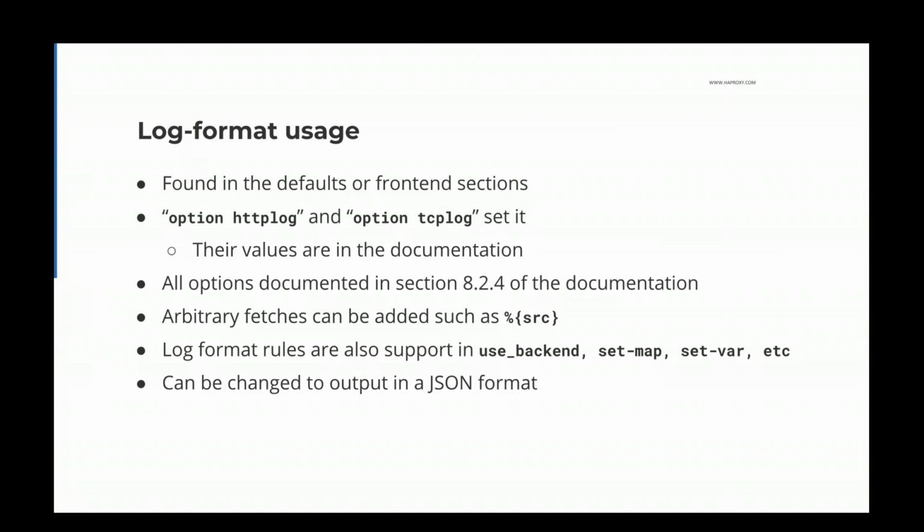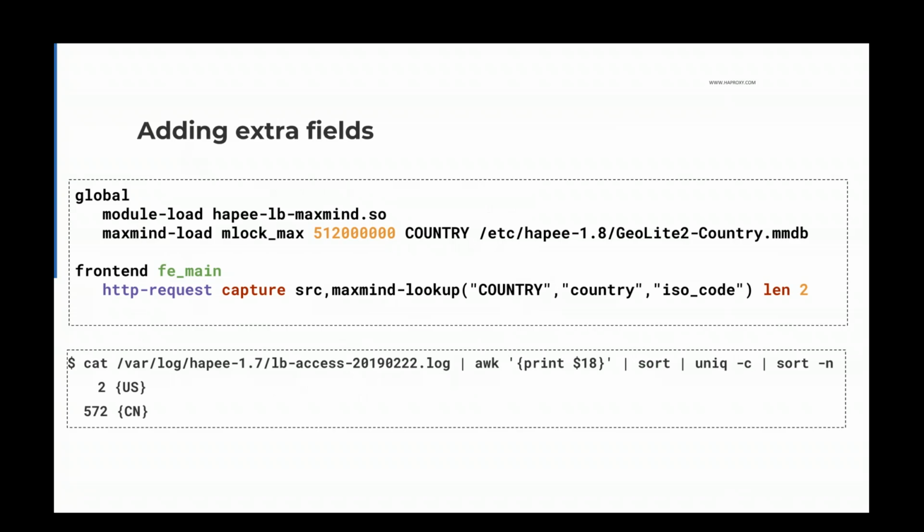You can change the log format to look pretty much however you want, including rewriting it so it outputs in a JSON format, which you can then output to a script, which will be one way to get you started inputting data into Elasticsearch, for example.